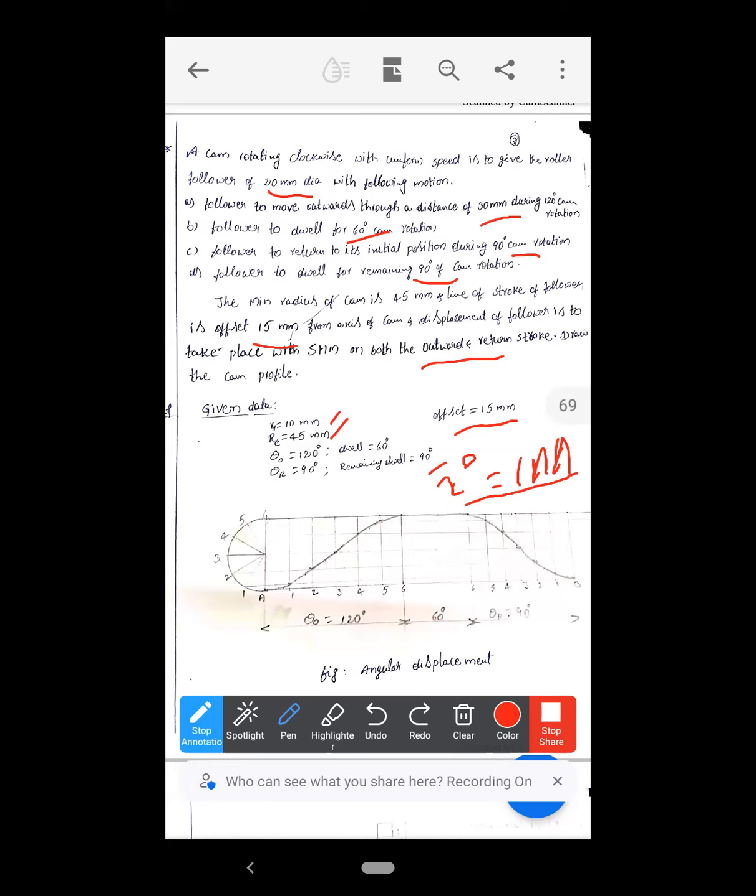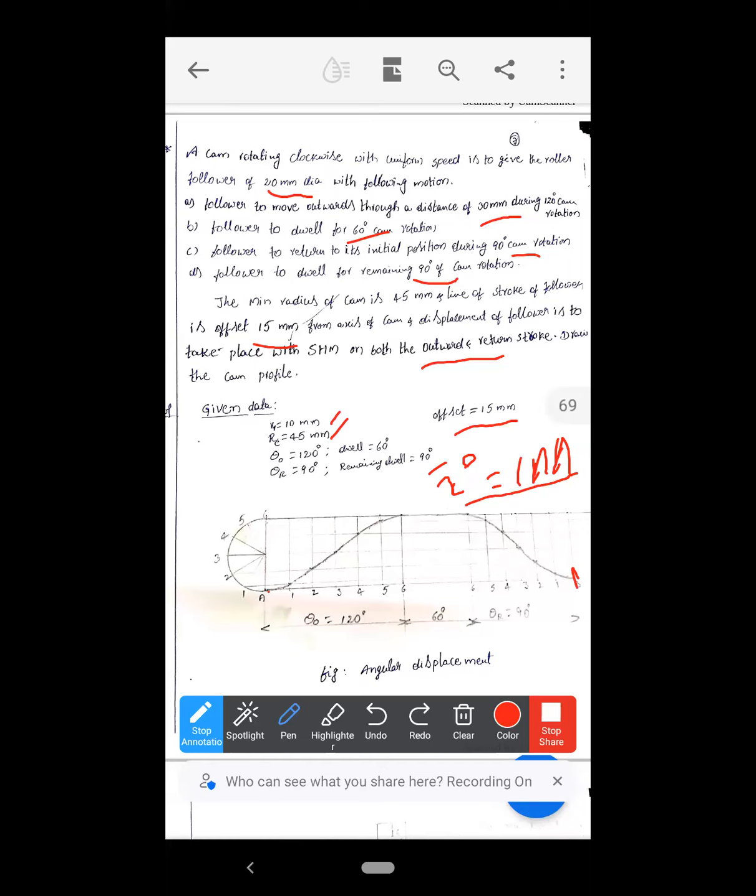The total angular displacement is 360 degrees, so you have to draw a line 180 mm long, from A to B. So the total horizontal line is 180 mm.